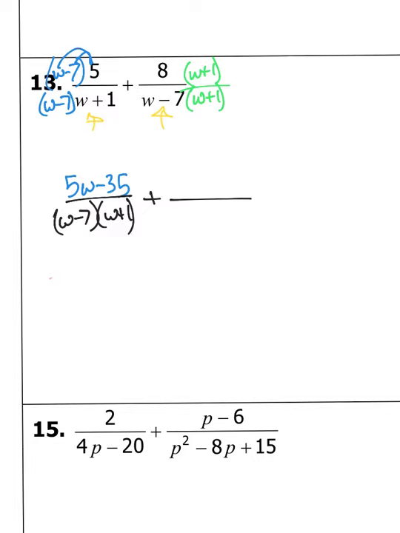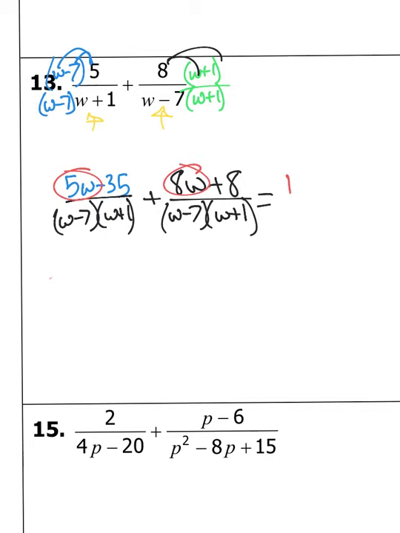For the other one, I have w minus 7, w plus 1 on the bottom. And if I distribute the 8, I get 8w plus 8. So now, if I combine like terms, 5w and 8w give me 13w. Negative 35 and a positive 8 would give me a negative 27.